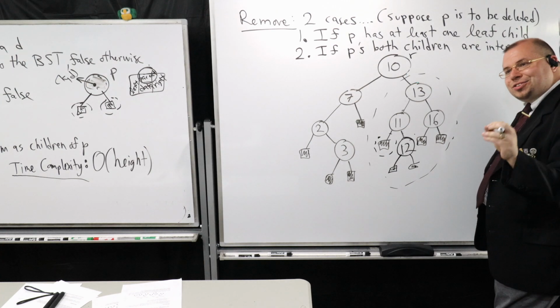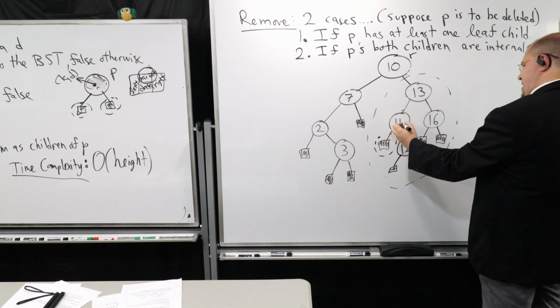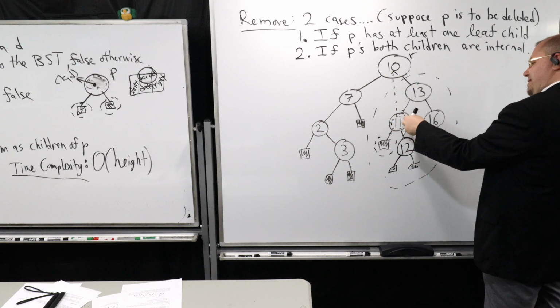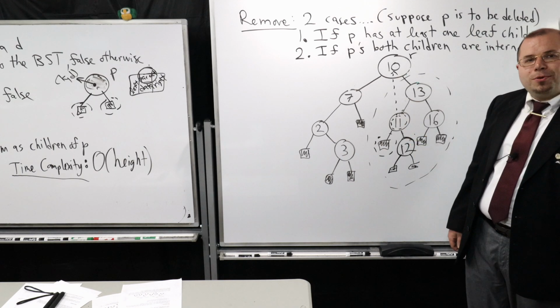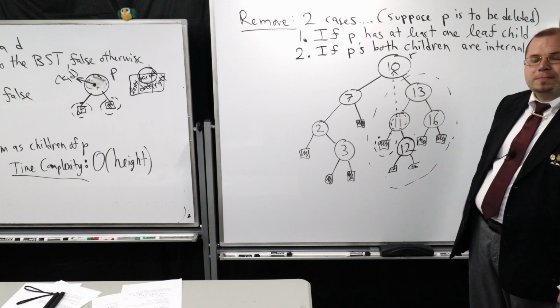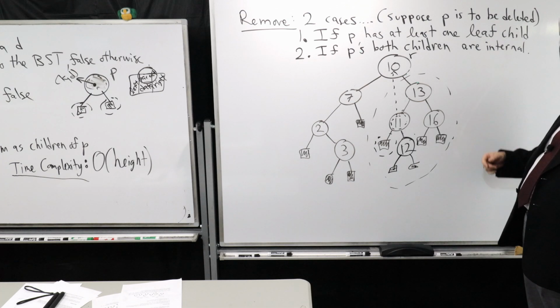It's guaranteed to exist. But if I were to, for example, take this data here, copy it up over here, and then delete this node, what case would I apply to this node if I wanted to delete this one? Suppose this was P. Which case of these two would I use?